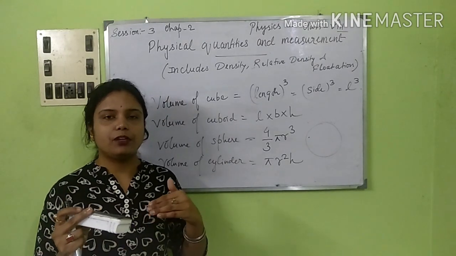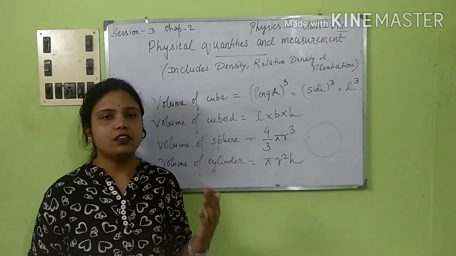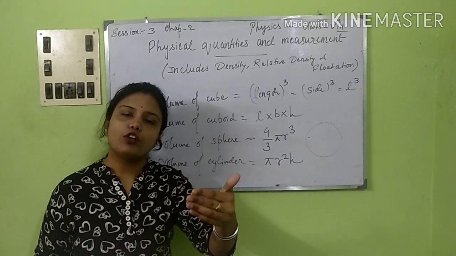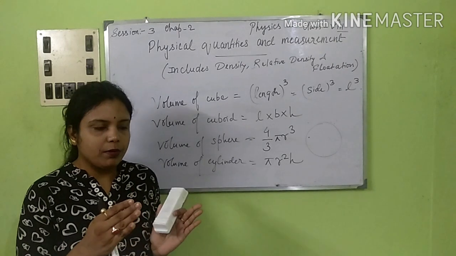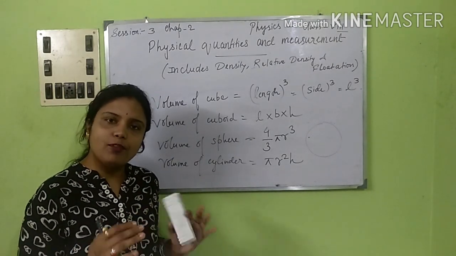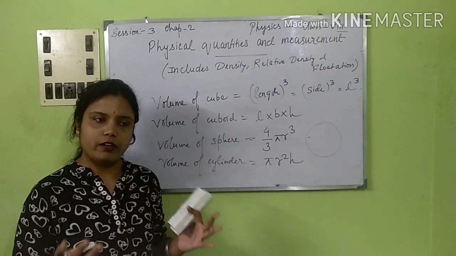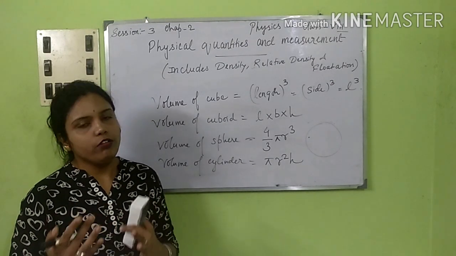As we rise the temperature from 0 to 4 degrees centigrade, the water contracts. Further beyond 4 degrees centigrade, water expands. So between 0 and 4 degrees centigrade, it shows an abnormal behavior, and this phenomenon is known as anomalous behavior of water.